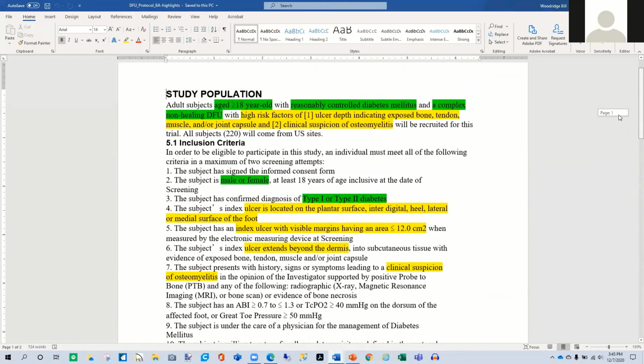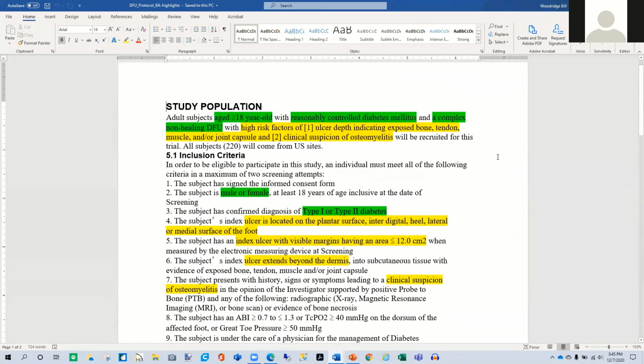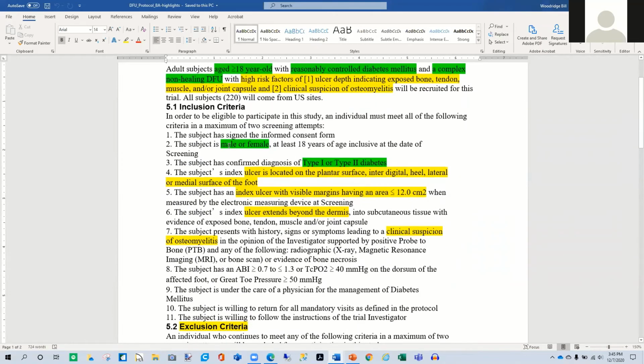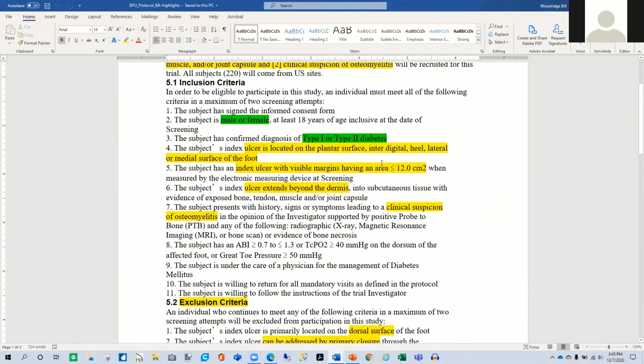So I used 12, and that they had some kind of diabetic foot ulcer, and they want a special type of ulcer that's pretty severe and potentially leading to osteomyelitis, which would be hard to get from the data, but it certainly would be pretty easy to get some sense for how many patients with diabetic foot ulcers come in regularly. They also wanted to include males and females, and they wanted type 1 and type 2 diabetes to be included.